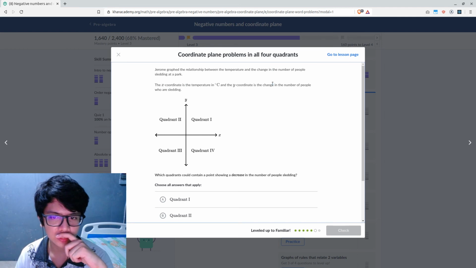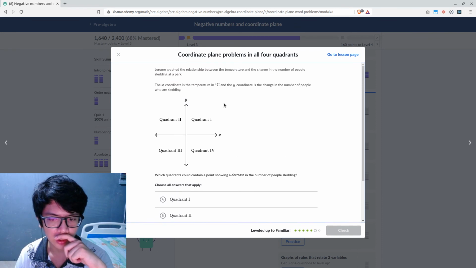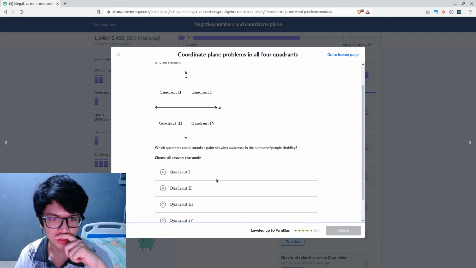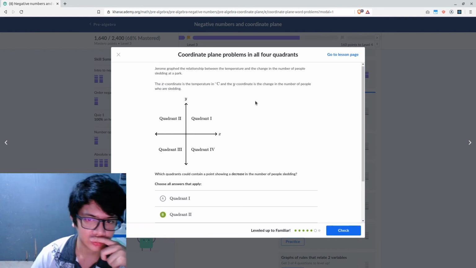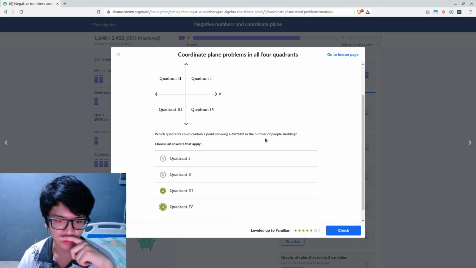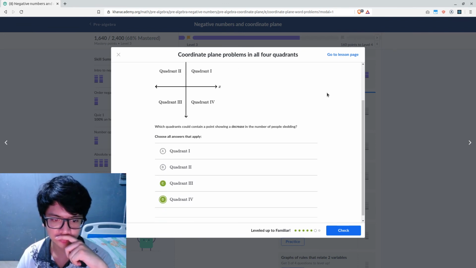Oh, a decrease in the number of sledding. Oh, it's going to be 2 and 3. Oh, actually no, actually 3 and 4. The X is the temperature and the Y is the change in the number of people who are sledding.